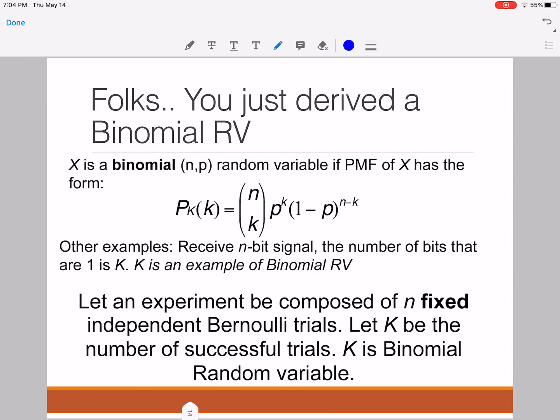The PMF that we just derived belongs to a very specific family of random variable called the binomial random variable. X is a binomial random variable which is characterized by 2 items: n, the number of fixed Bernoulli trials that you're performing, and p, the probability of each Bernoulli trial.